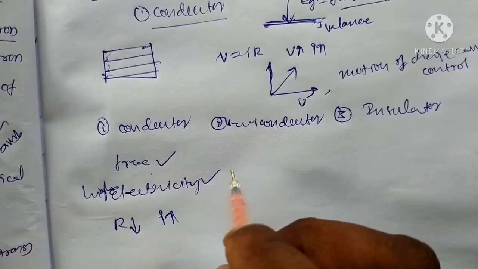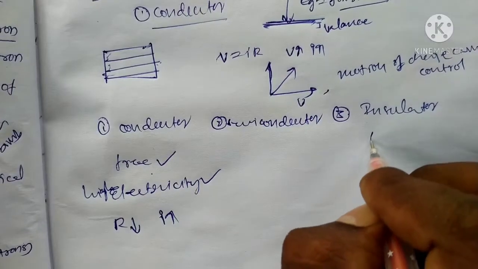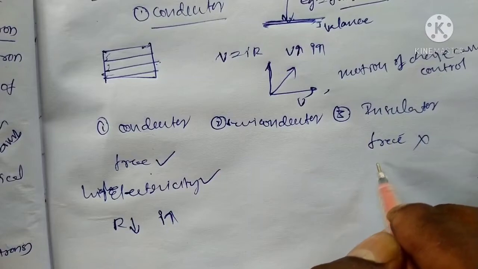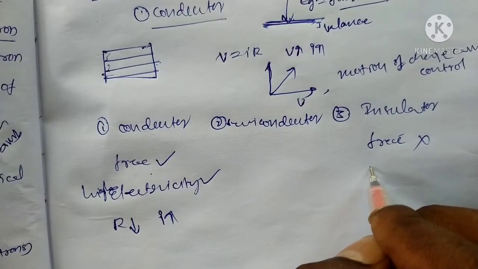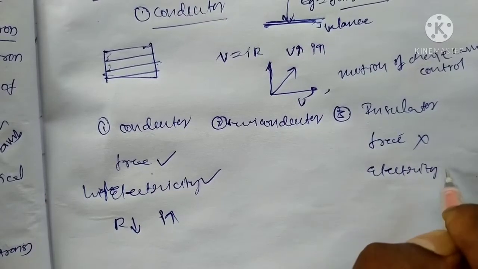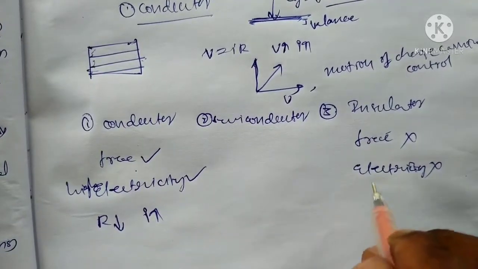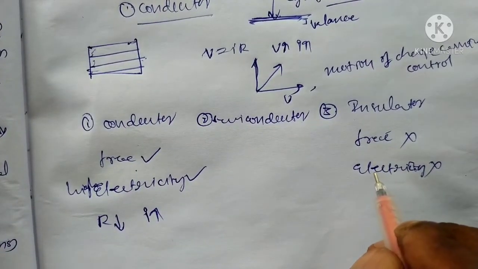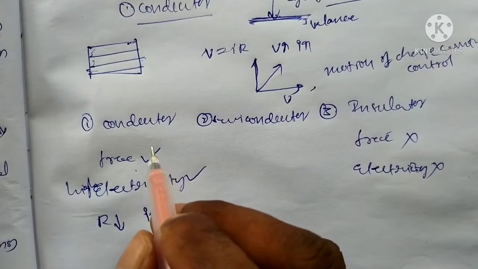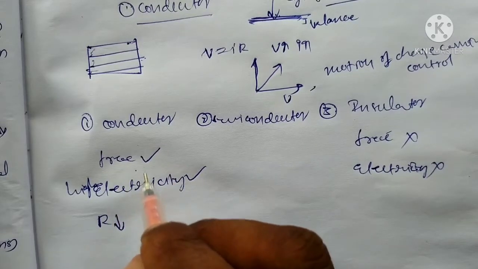Going to insulators, there are no free electrons in this type of material, and electricity also does not flow. Examples are wood, paper, pencil, pen. What are examples of conductors? Copper, iron, zinc, etc. These have a number of free electrons.